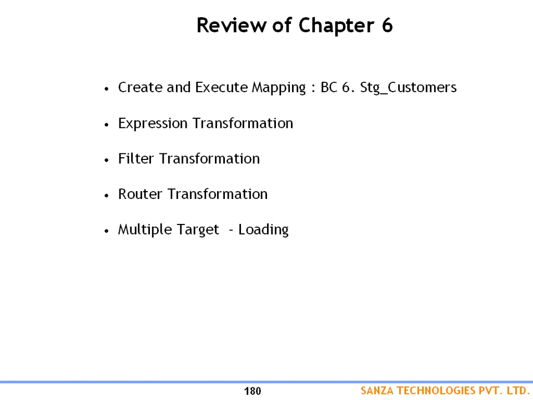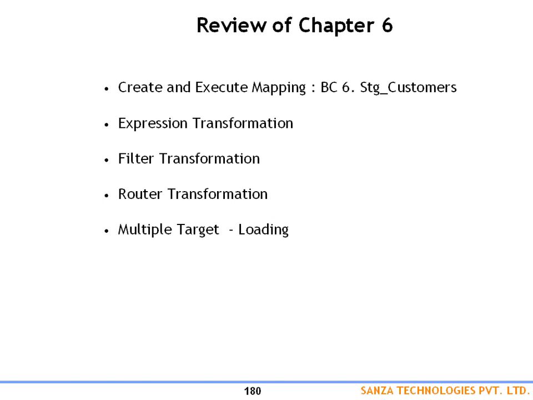The router will read the input data once, but test it against all the user-defined group conditions, and whichever record satisfies a group condition will be sent to the next transformation or target. If the record does not satisfy any of the user-defined group conditions, it goes to the default group, which is created automatically by the router transformation as soon as you create a single user-defined group. So data which does not satisfy any of the group conditions will go to the default group. You can take it out as per your requirement or ignore it.